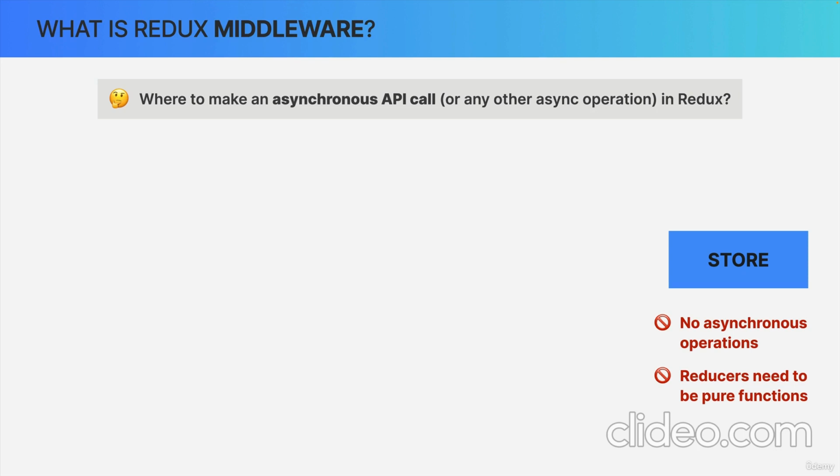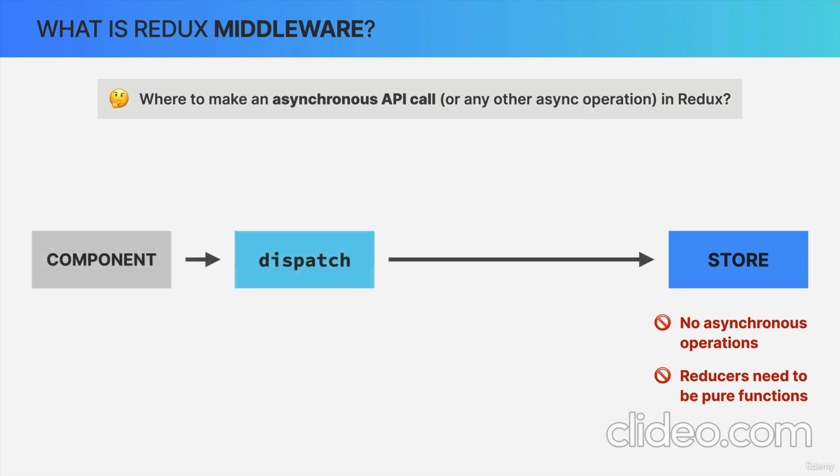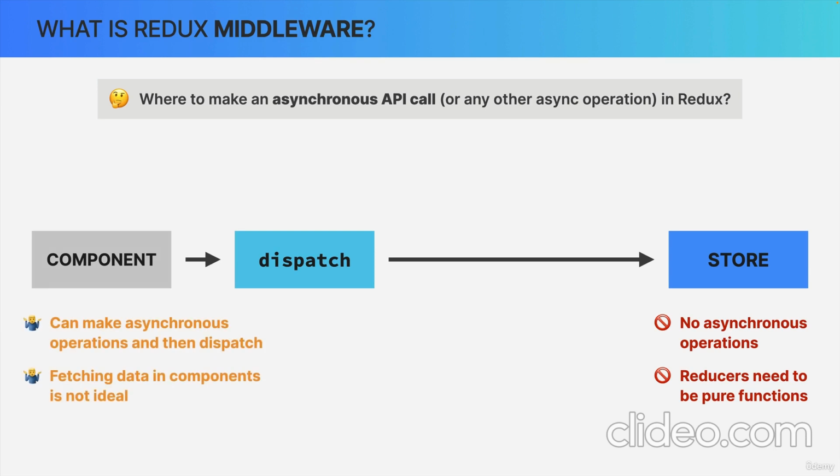Therefore, any asynchronous operations like that API call need to happen outside a reducer. So instead, should we maybe fetch the data inside the component and then dispatch an action to the store with that received data? Well, that is actually possible, but it's not an ideal solution.